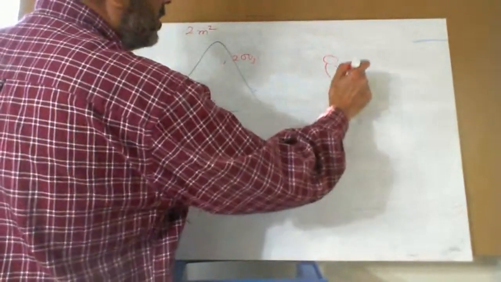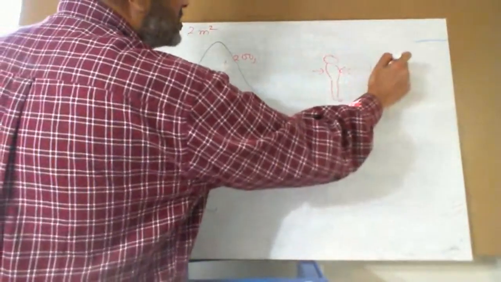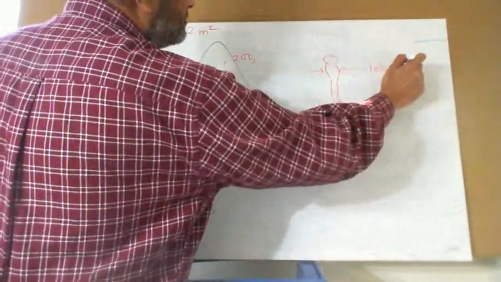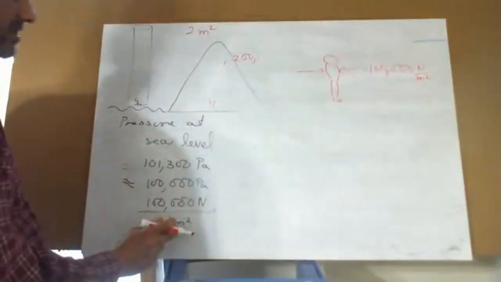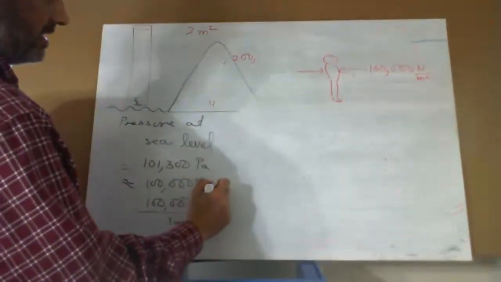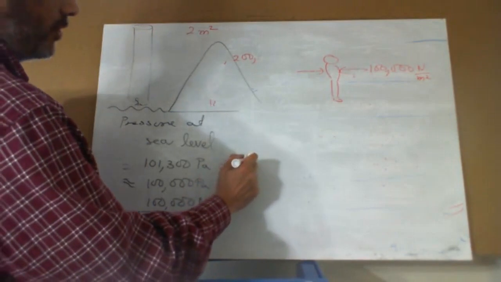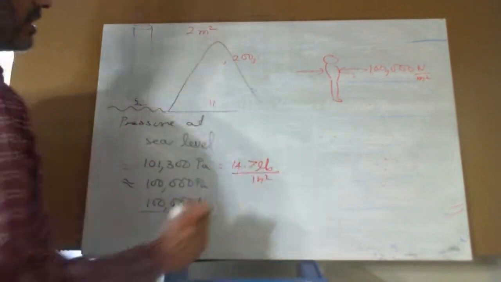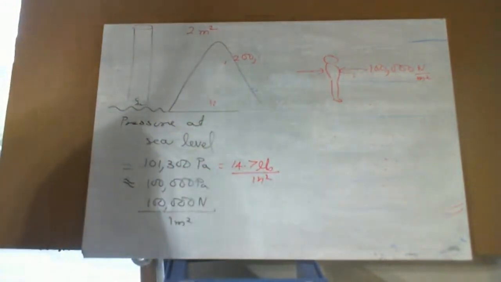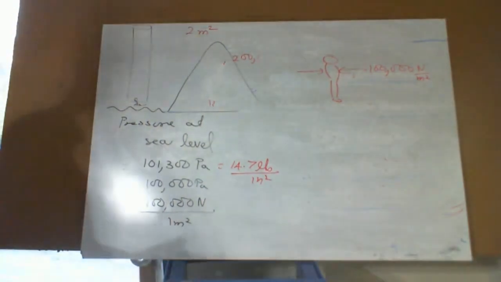There is a pressure for every square meter of 100,000 newtons per square meter, 100,000 pascals, which, by the way, in pounds per square inch is 14.7 pounds for every square inch. So every square inch of your body feels a weight of 14.7 pounds. That's quite a lot of weight, every square inch.